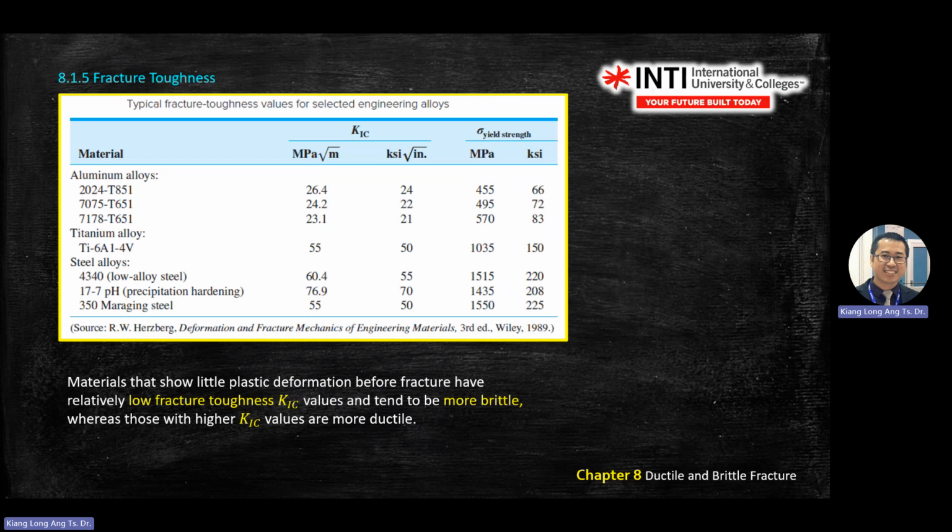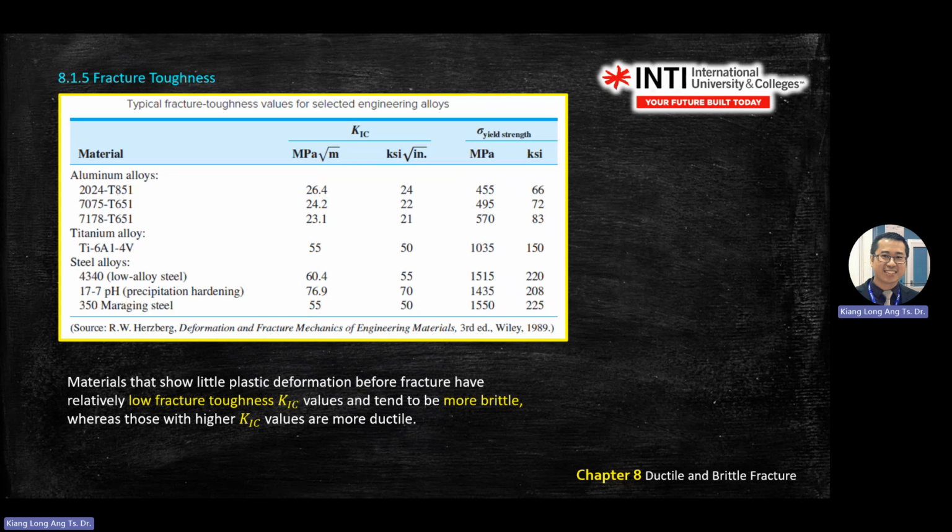So it tells you to apply the same stress, but gives you a different A. So you're able to find the KIC value. Right? It will give you the failure value.